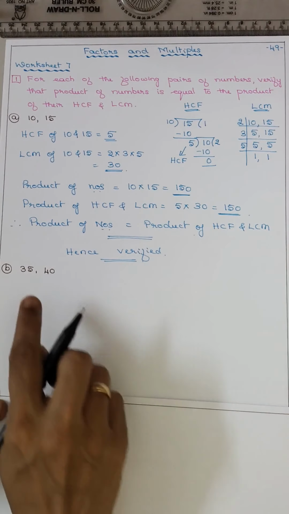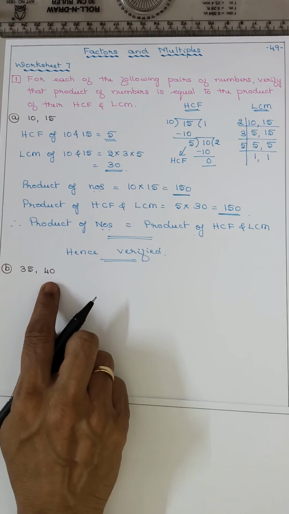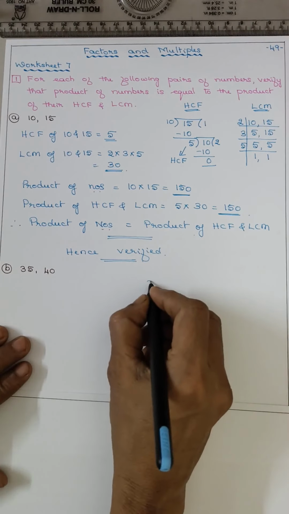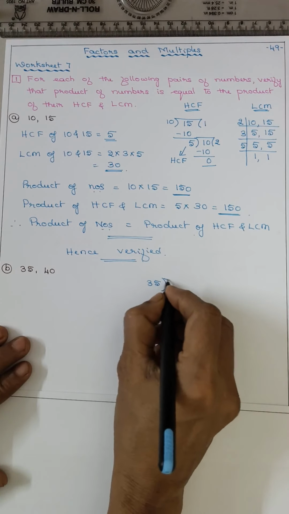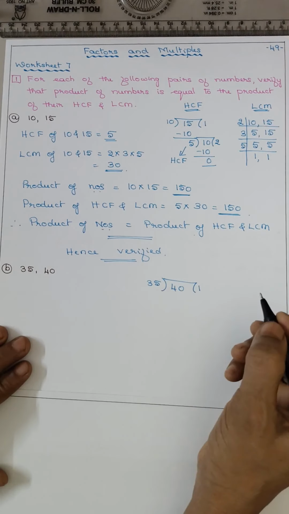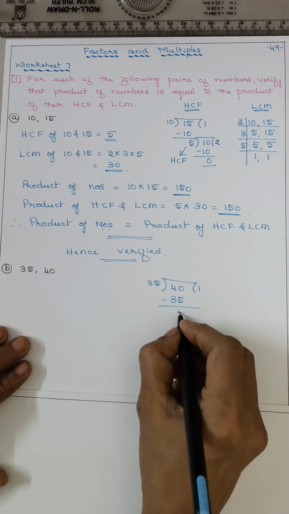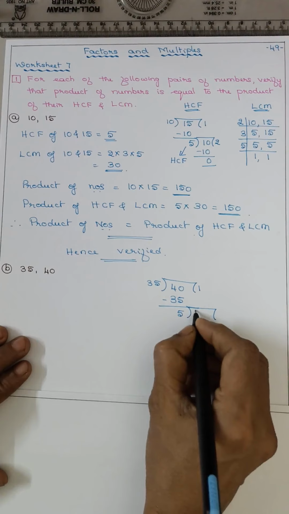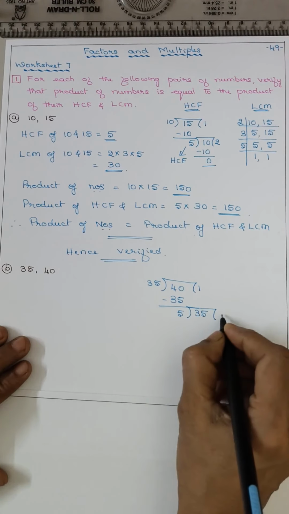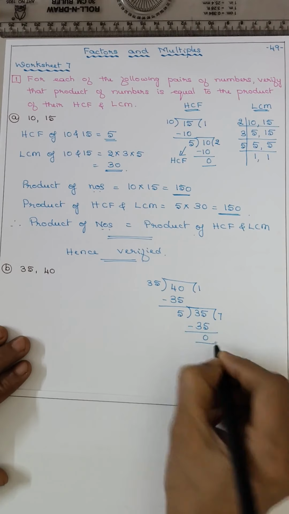Now coming to the next numbers, 35 and 40. So 35 is a smaller number. So 35, 40, ones are 35, 5 remain. 35, 7s are 35, 0.